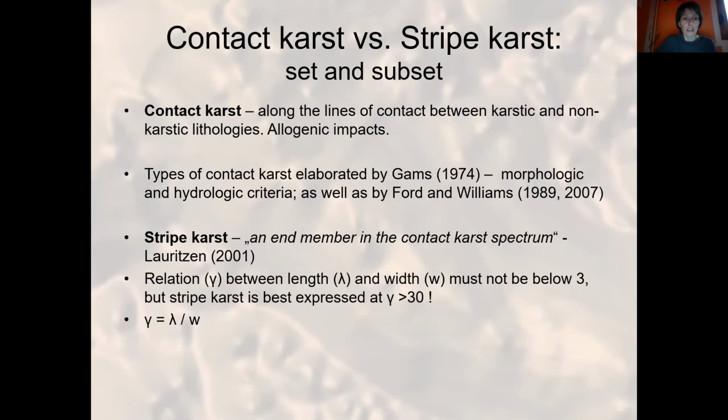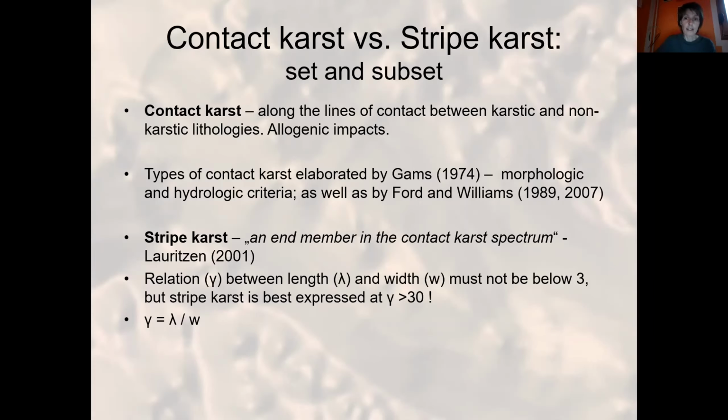And the types of contact karst were elaborated quite well by Ivan Gams back in 1974. And it included morphologic and hydrologic criteria, and also by Ford and Williams in both issues.